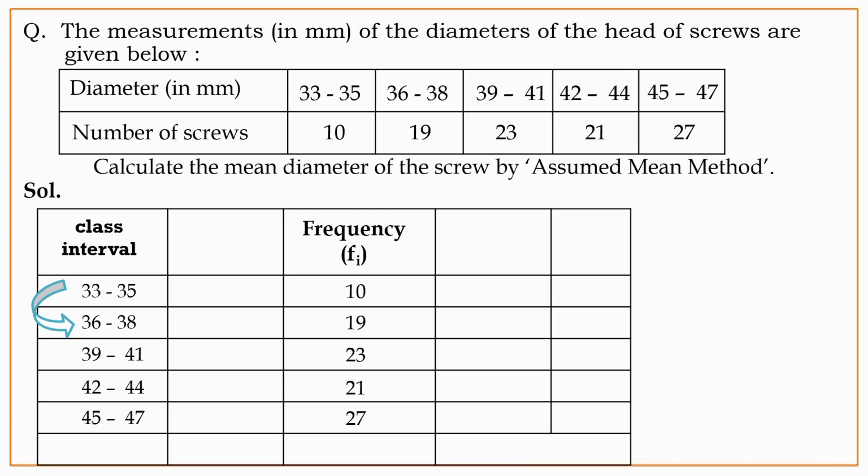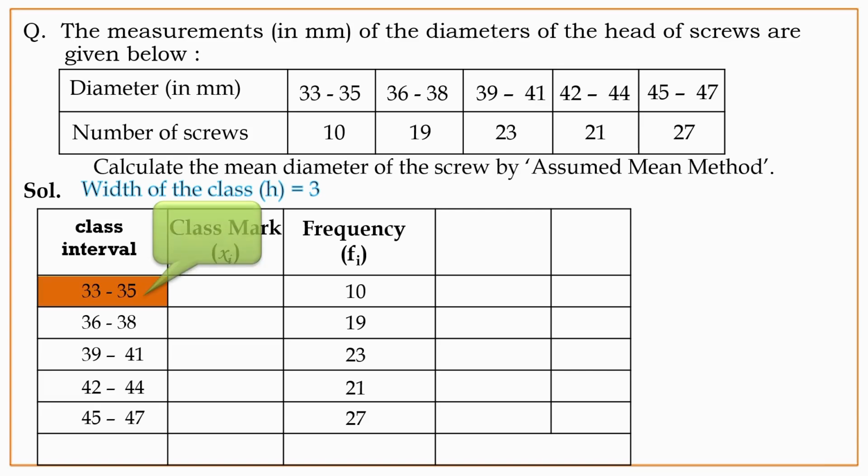So this is not a continuous class interval. So the class width will be equal to 3, that is 36 minus 33. Now the class mark is lower limit plus upper limit by 2. So that is 33 plus 35 by 2, that is 34.